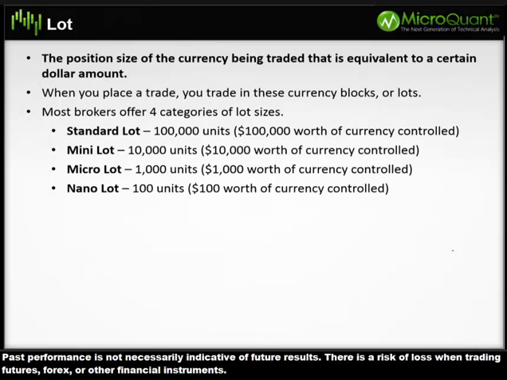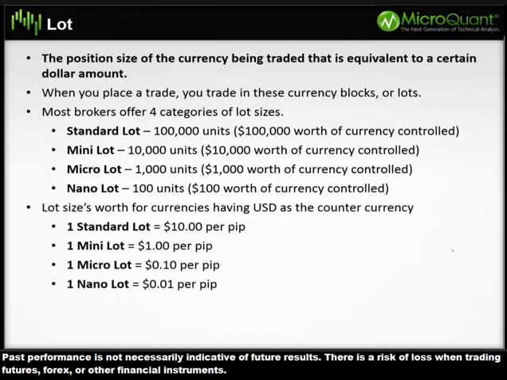So that being said, we need to understand a little bit about the pips here. So a standard lot is 100,000. The value of the pip on that, so every time a pip moves in the market up or down, you're getting $10 for it.